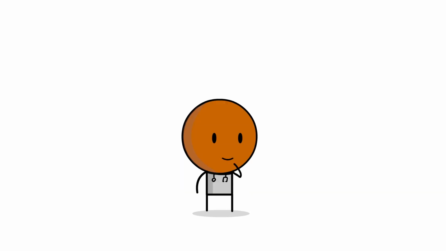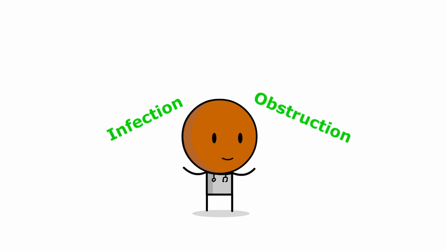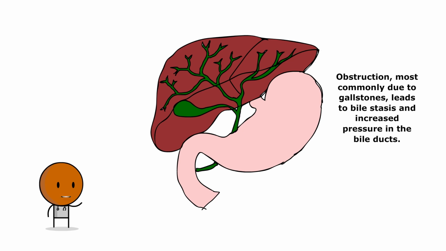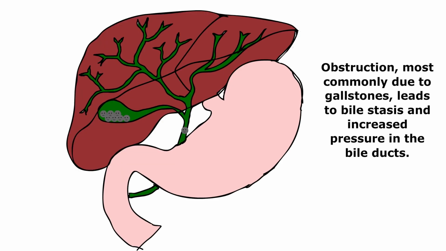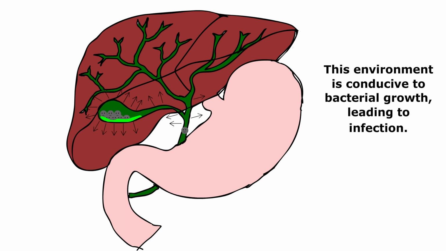Now, the pathophysiology revolves around two key elements: obstruction and infection. Obstruction most commonly is due to gallstones, which leads to bile stasis and increased pressure in the bile ducts. This environment is conducive to bacterial growth, leading to infection.